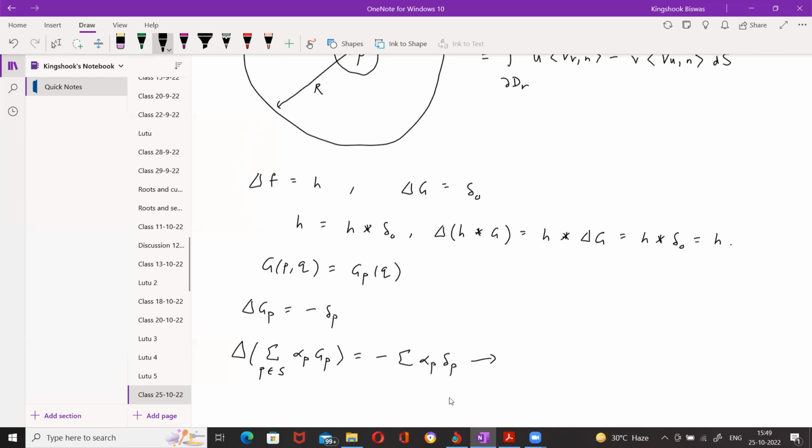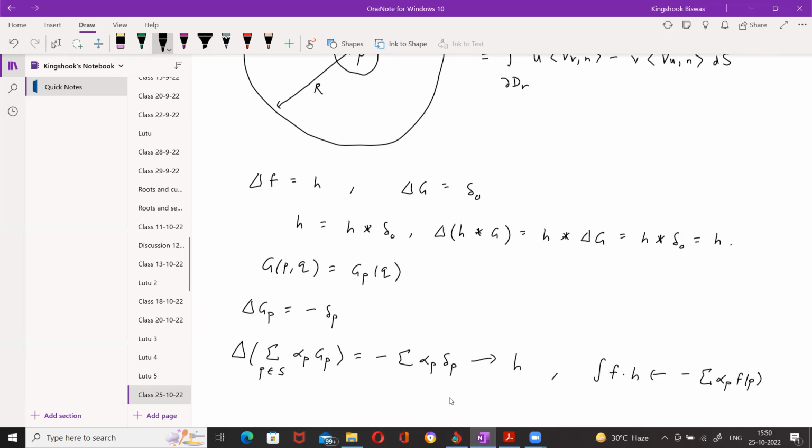So these will converge to any function you want, any locally integrable function h. So h you're writing as a limit of these Diracs. In other words, the integral of any f times h is the limit of the sums of minus alpha_p f of p.